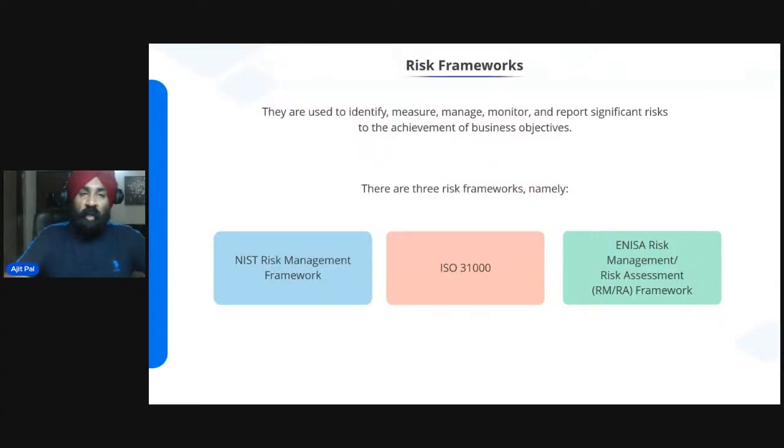ISO 27005 is also one. In the US, it's NIST. Depending on your organization, you can pick one. But as I told you, whichever you pick, it's these four phases: risk identification, risk analysis and assessment, risk response, and risk monitoring. So this is about your risk assessment.